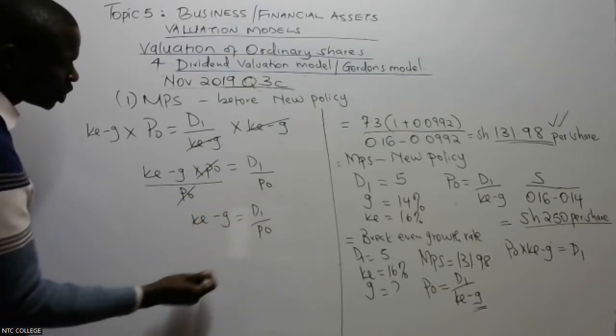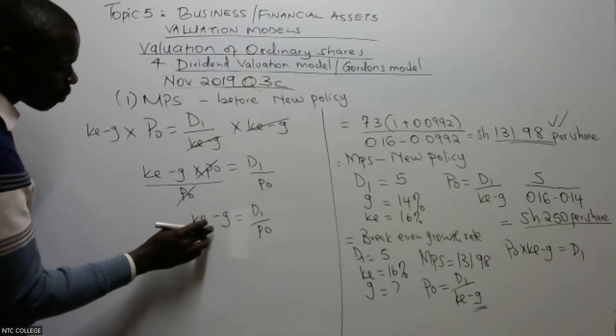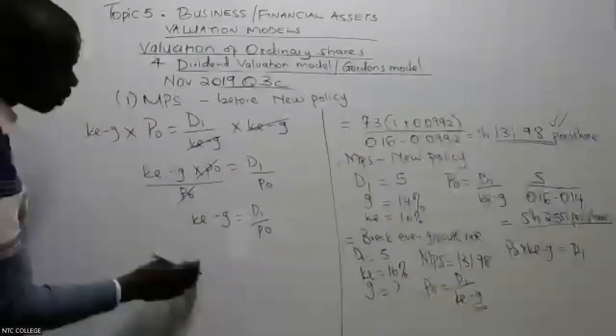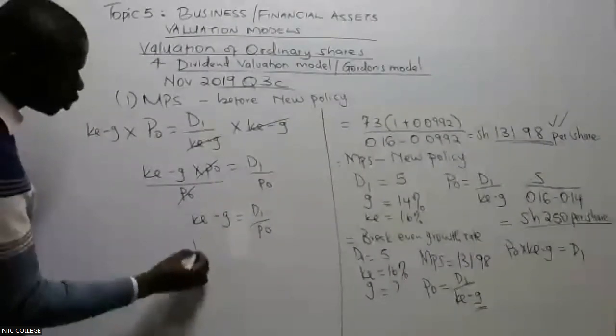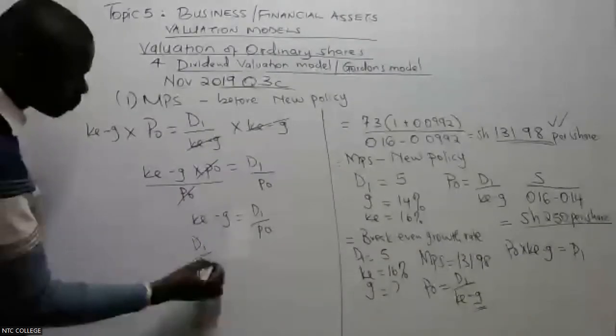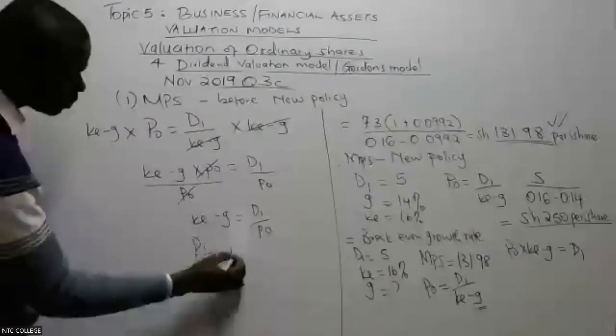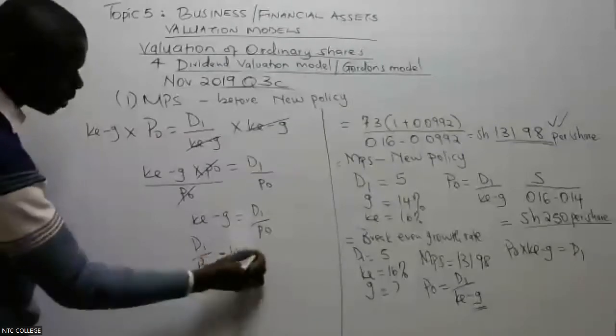Then we take G on the other end, and this other one will remain on this other end. So it will be D1 over P0 minus KE is equal to G.